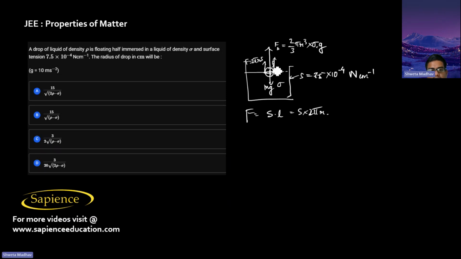So the net upward force would be equal to the net downward force. Therefore, I can say V, that is 4 by 3 pi r cube into rho into g, is equal to 2 pi r s plus 2 by 3 pi r cube into sigma into g.